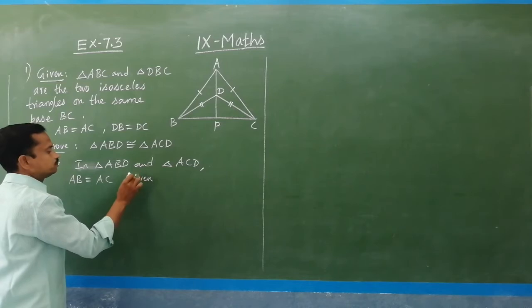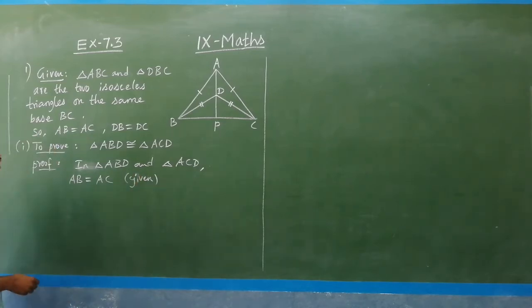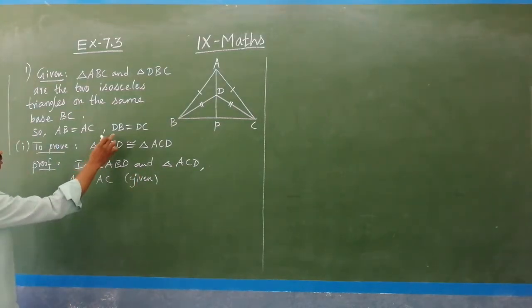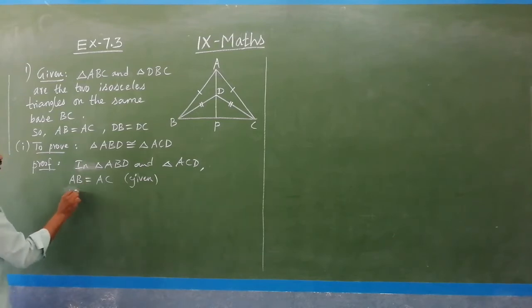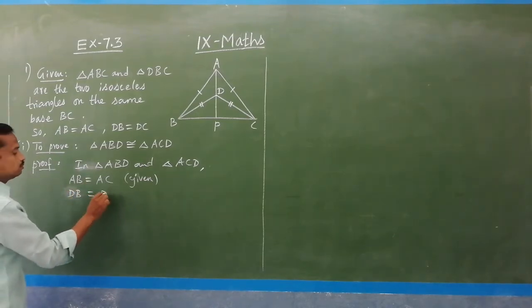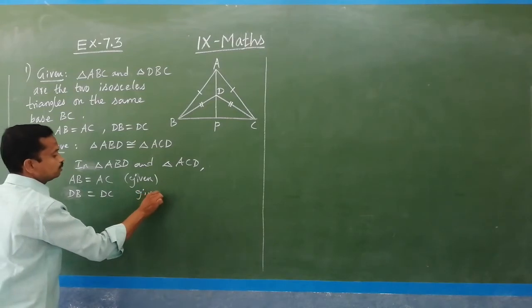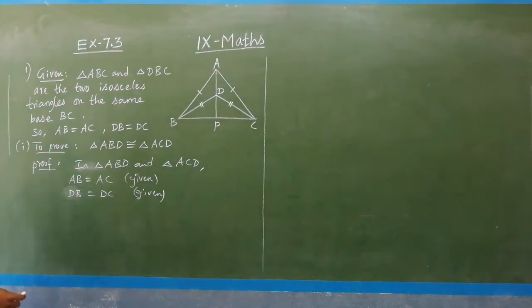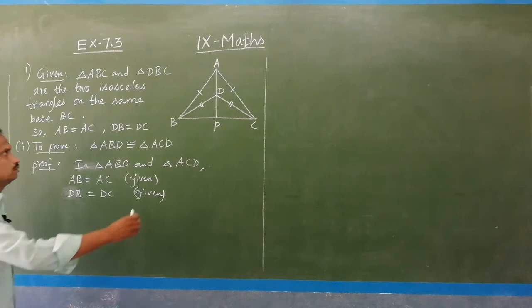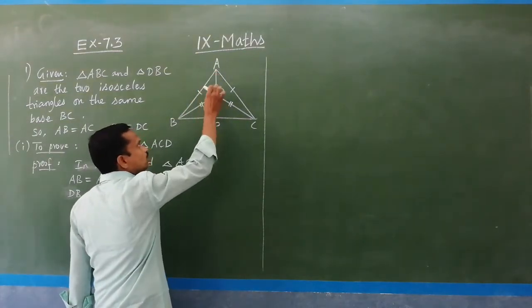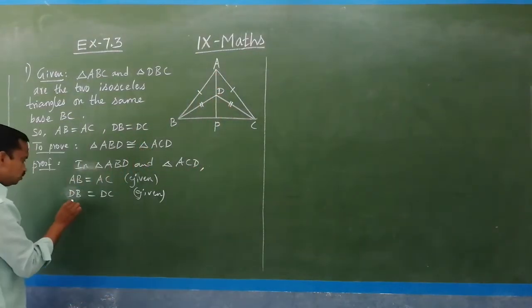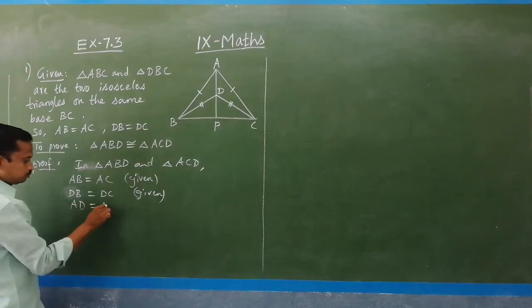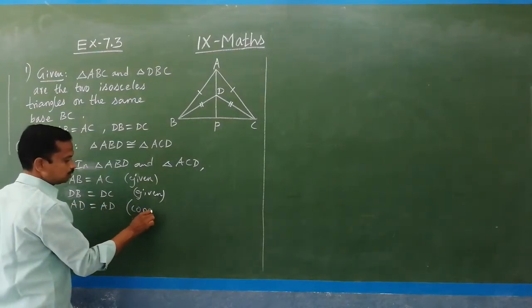And then DB equal to DC, this is also given. And then one more thing, the side AD is common for both triangles. So AD equal to AD, common side.